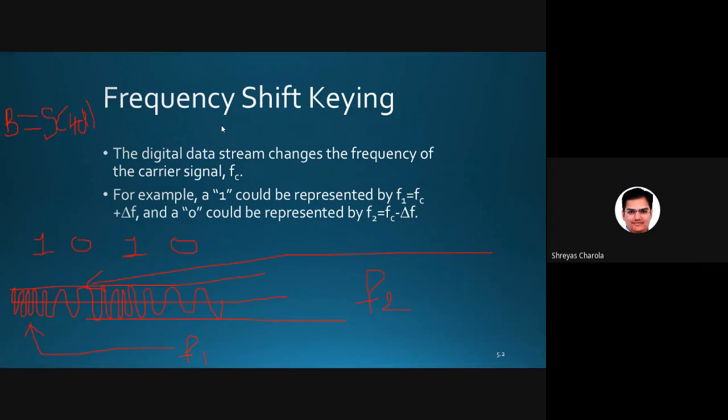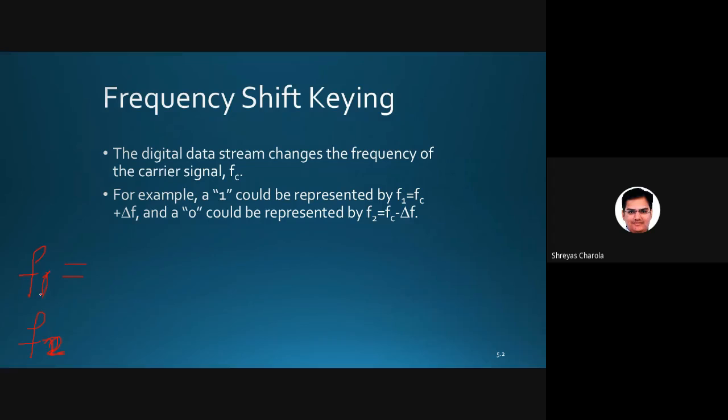But FSK is somewhat different. The reason is we have two different frequencies in FSK. So what equation should I write for FSK? I must have the two frequencies F1 and F2.